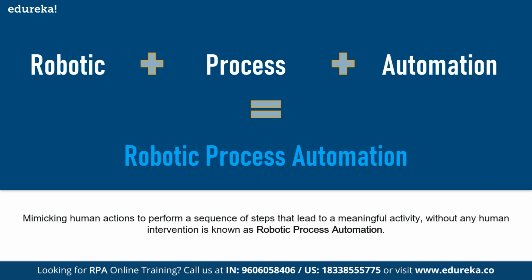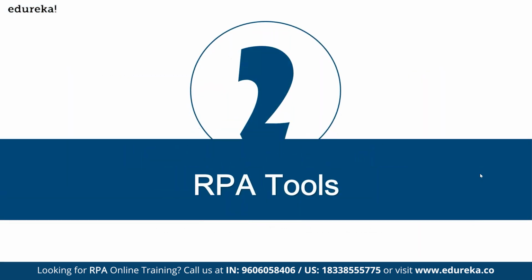So they are using us in a repetitive process. We are humans, so why can't they use us in some challenging environment? So if you have RPA, they can use the manual resource for innovation tasks, where human intelligence is required, right? So this is what RPA is, robotic process automation.